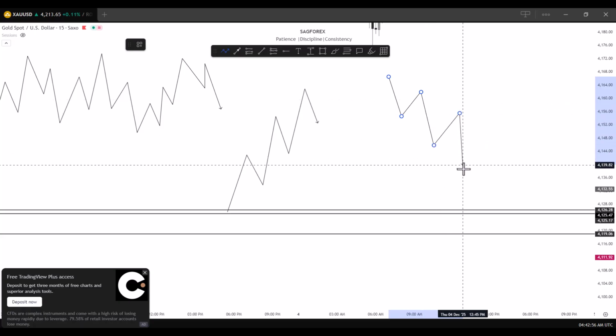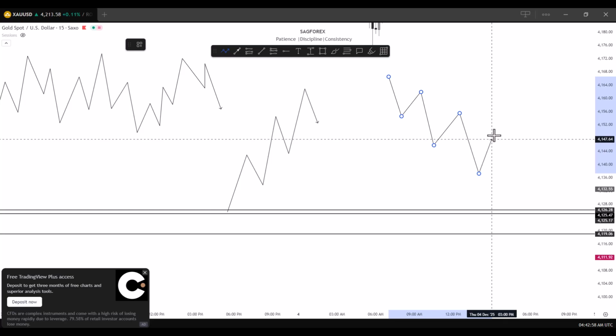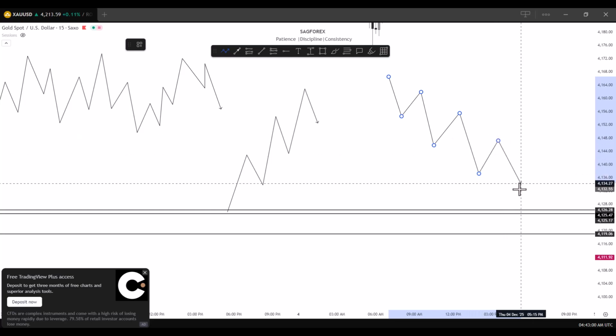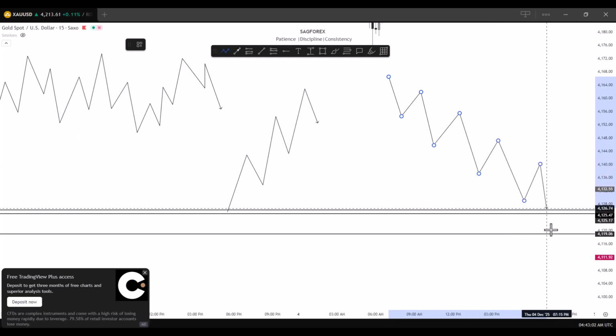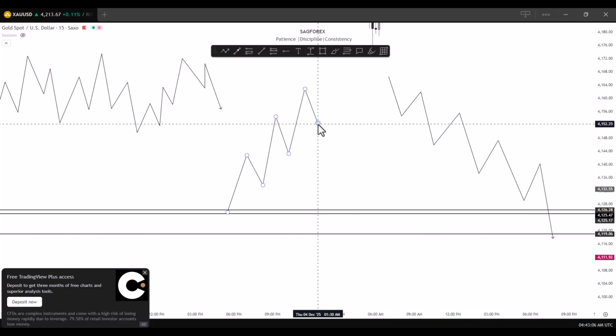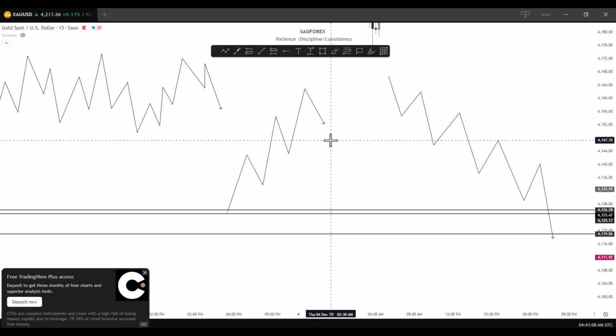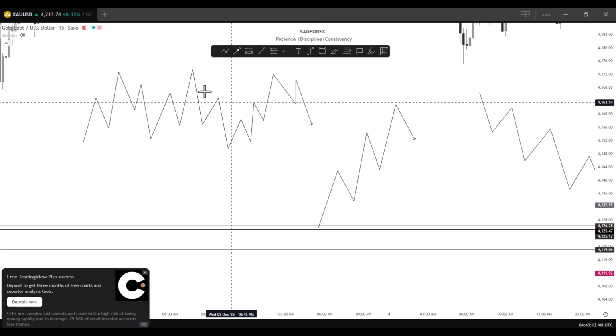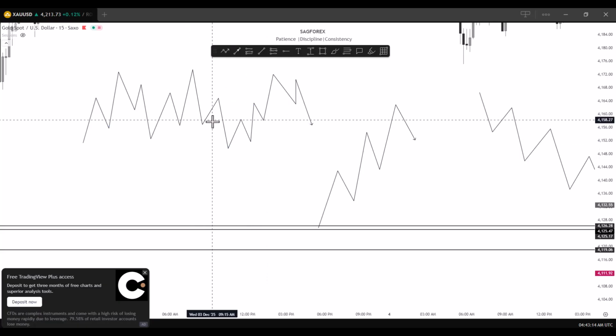You don't want to find yourself trading consolidation or ranging markets with this particular strategy. You want to trade a market that is trending. You understand? You want to trade a market that is trending. You don't have to waste your time on a market like this. No, guys, you don't want to do that.